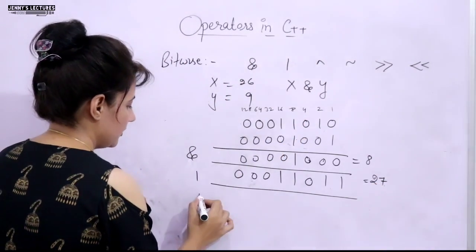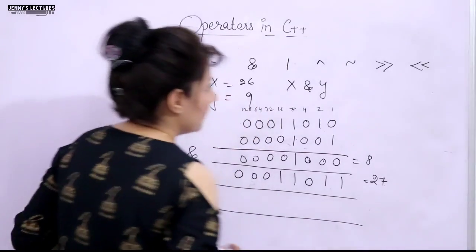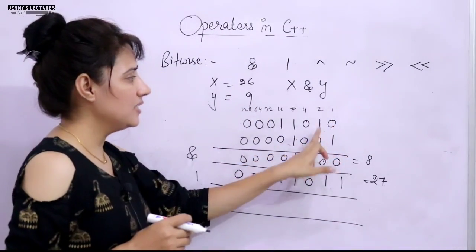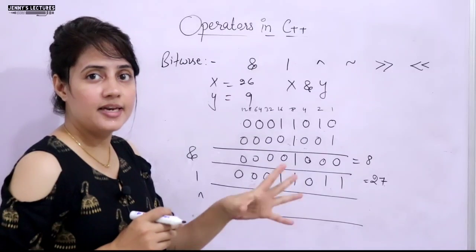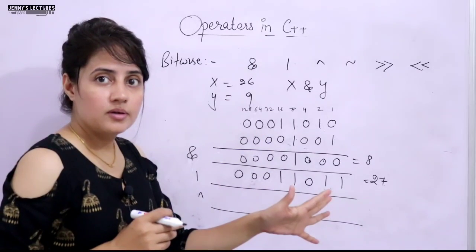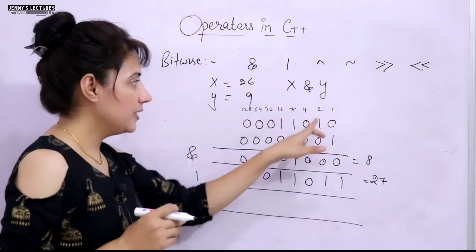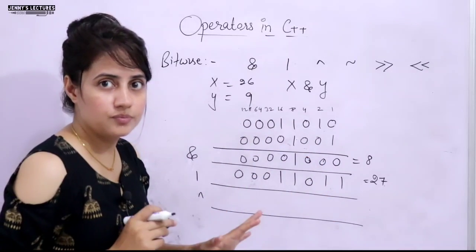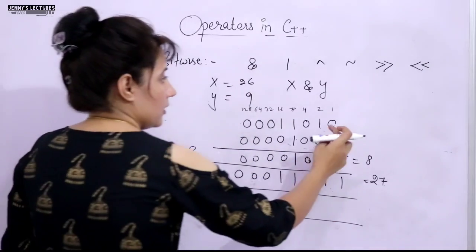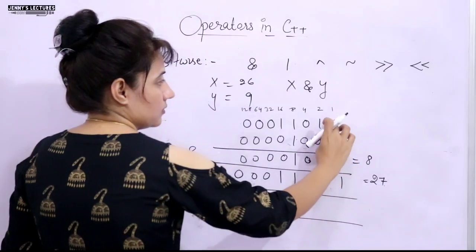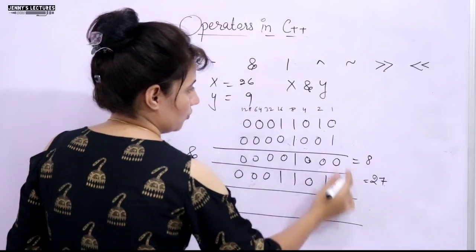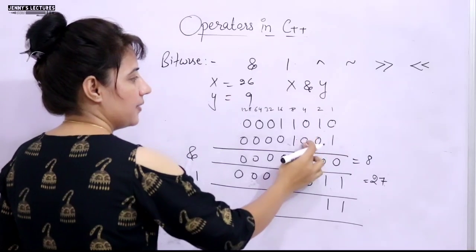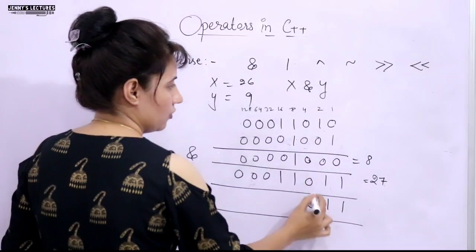Now bitwise XOR. Bitwise XOR means if both the bits are same, then it will give false, otherwise true, right? 0 and 1 not same, so it will give true. 1 0 true. 0 0 both are same, false, so it will give false.